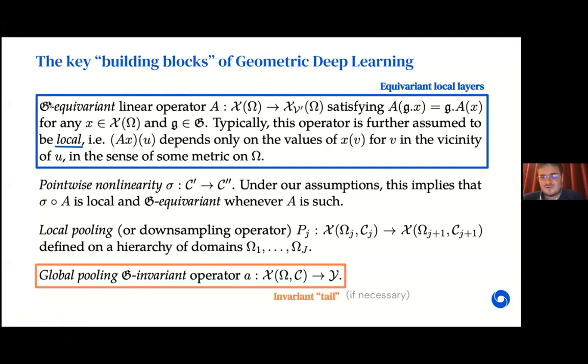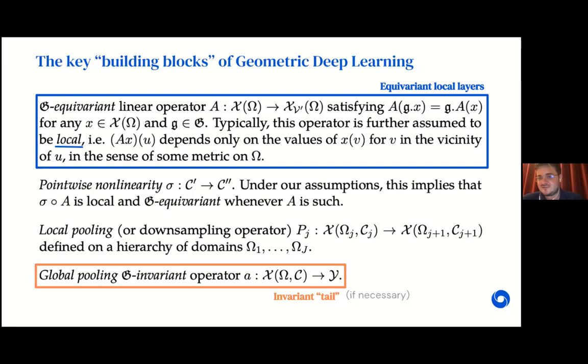As mentioned before, it's fine for us if these equivariant functions are linear, because we have a different way of imposing nonlinearity, and it's going to be much easier to reason about them in this way. So group equivariant linear operations that are also typically assumed to be local. That is, the outcome of these equivariant linear operators will only depend on the domain elements which are in the vicinity of a particular domain element, in the sense of some underlying metric over omega.